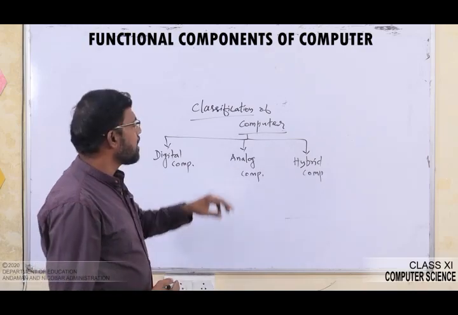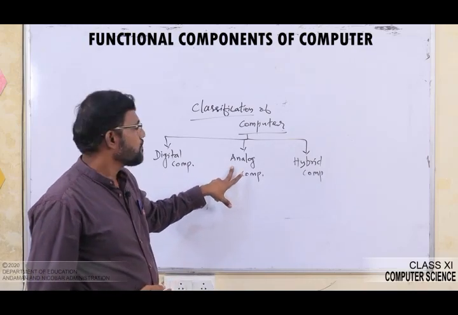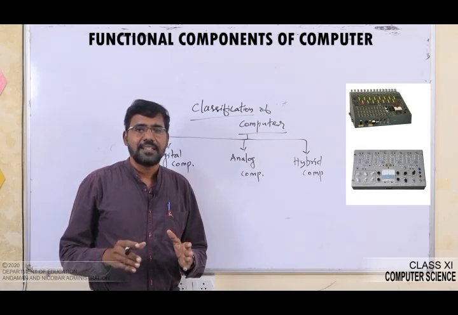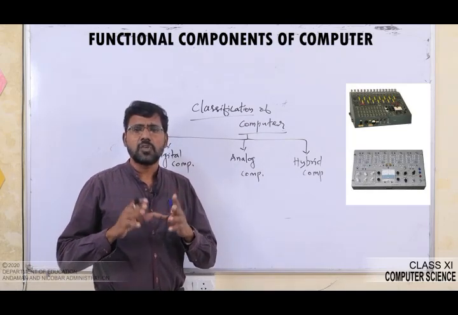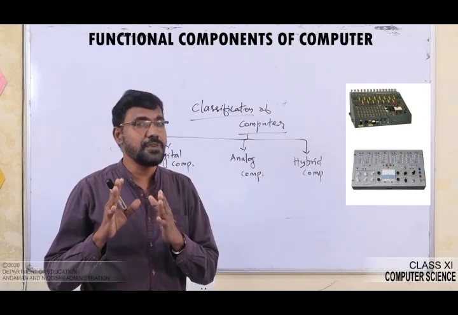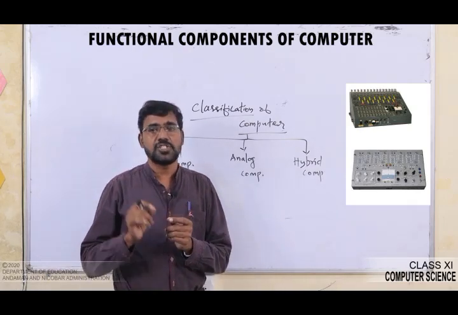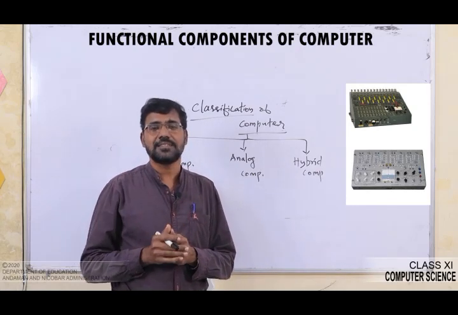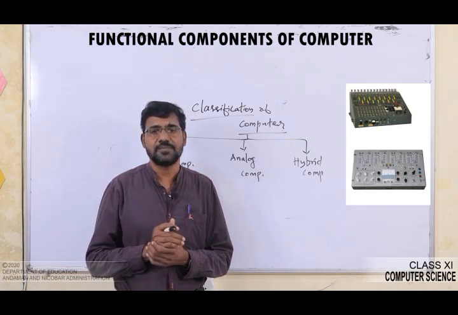Another is the analog computer. What are the features of the analog computer? This computer works on continuously changeable aspects of physical phenomena such as fluid pressure, mechanical motion, and electrical quantities.